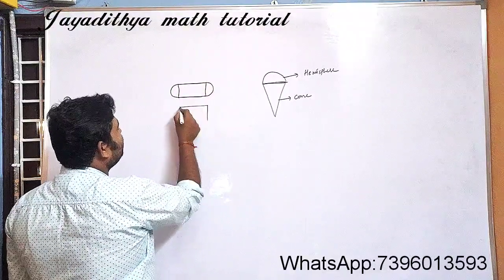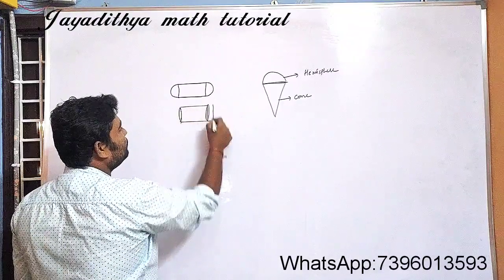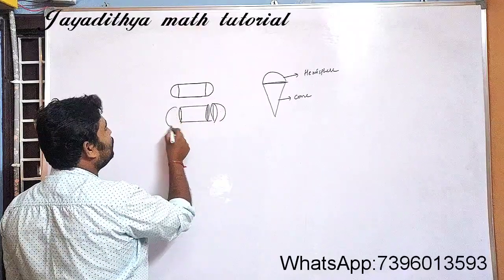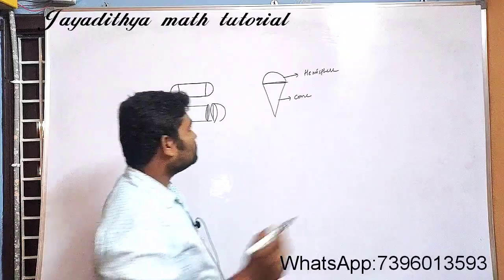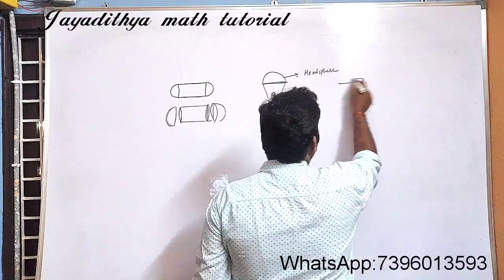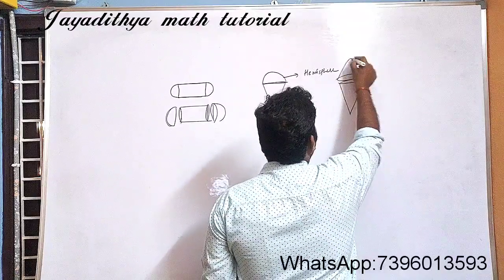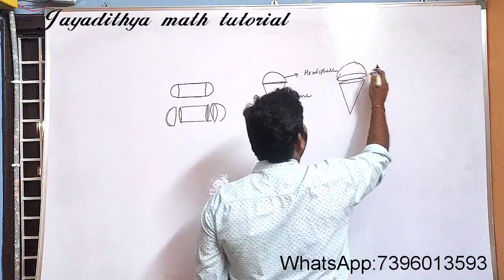If you split this, this is a hemisphere, and this side also you have one hemisphere. And even in the earlier case, if you split the figure, you can see a cone and a hemisphere.